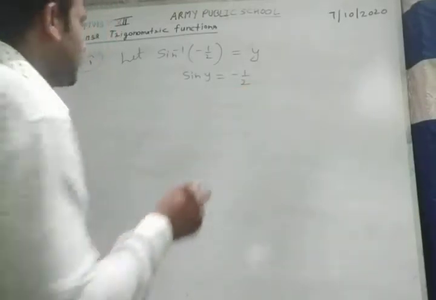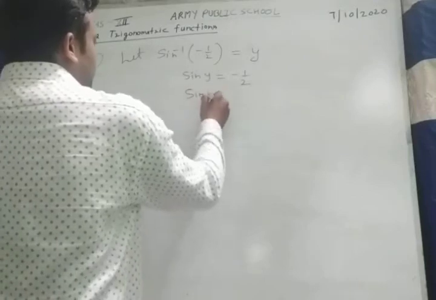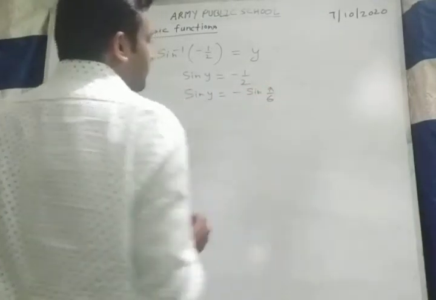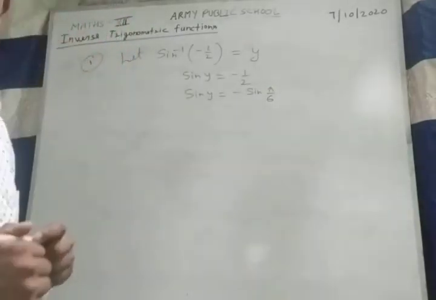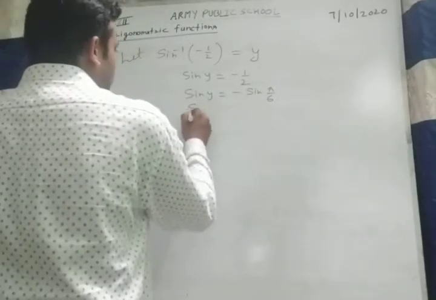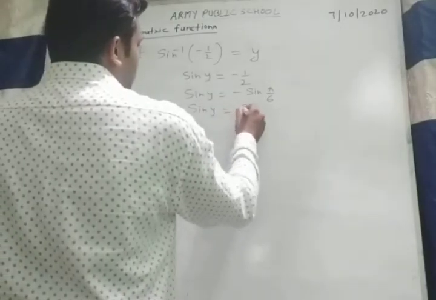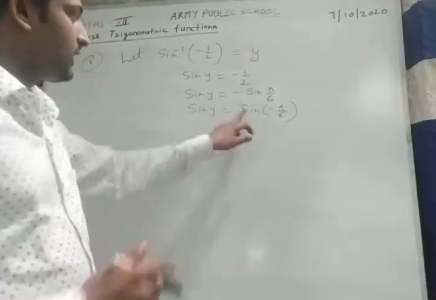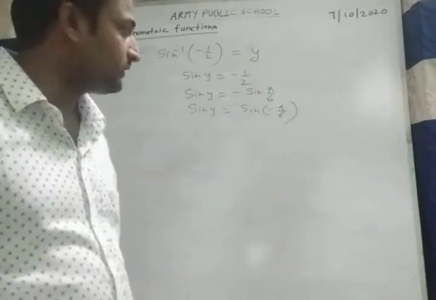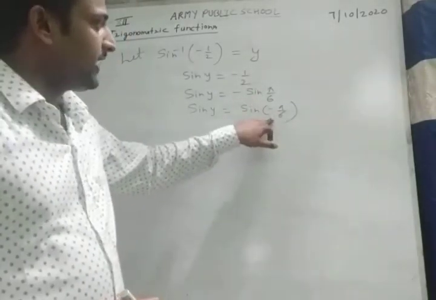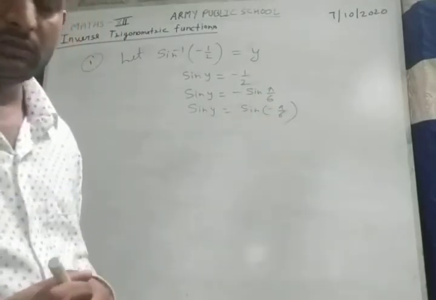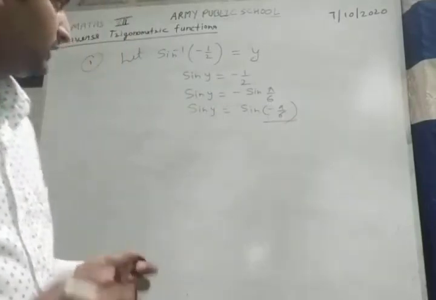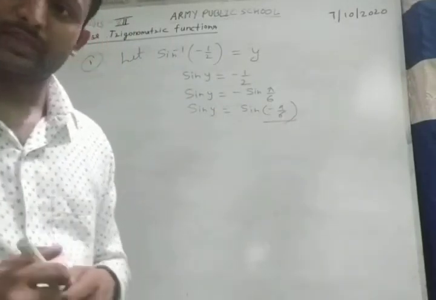Okay, so we can write sine y is equal to minus sine pi by 6. We can also write sine y is equal to sine of minus pi by 6, because sine of minus theta is minus sine theta. So minus pi by 6 is the angle, and minus pi by 6 lies in the principal value branch of sine inverse.